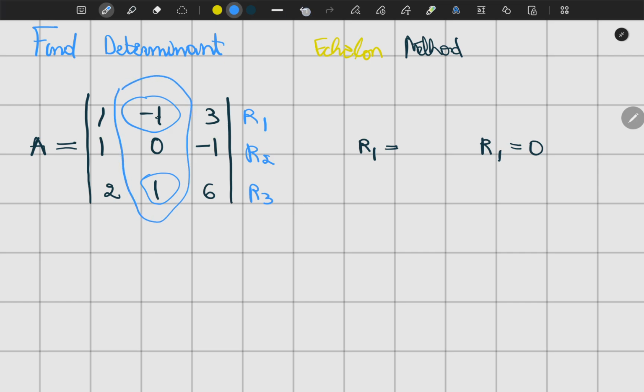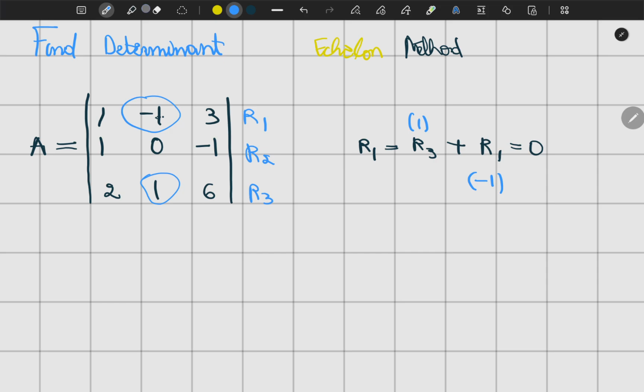I'm going to say R1 equals R1 plus R3, because if you take this one plus that one, it's going to be much easier. R3 is 1, and 1 plus negative 1 will give me 0. That is what we're going to apply to row 1.